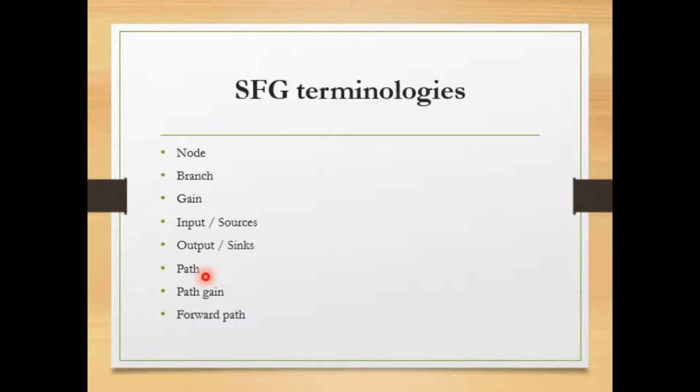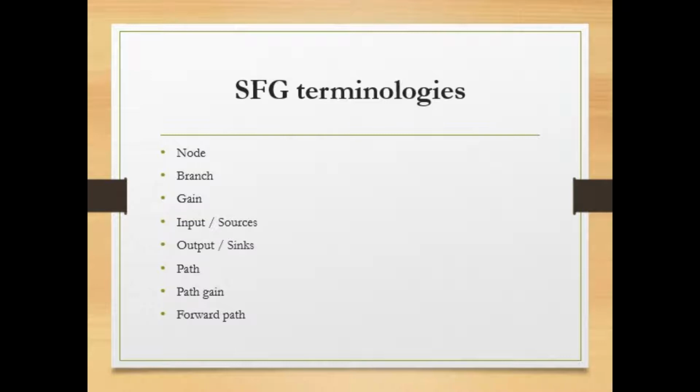Next is a forward path. Forward path is the path from an input node to an output node which does not cross any node more than once. So the path has to travel through nodes, but it should not cross any node more than once.